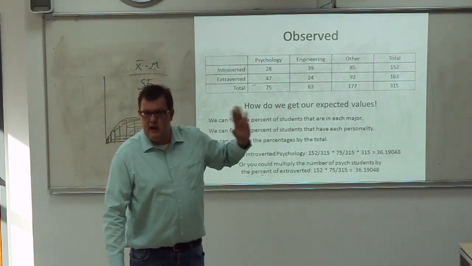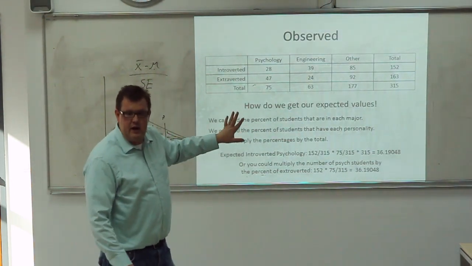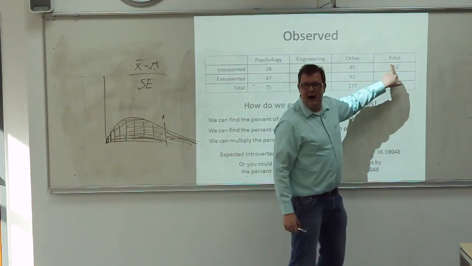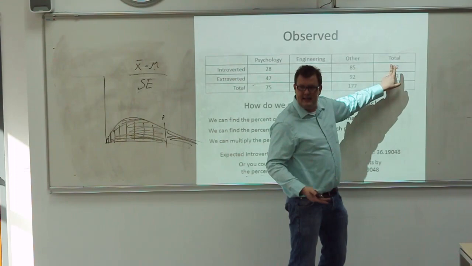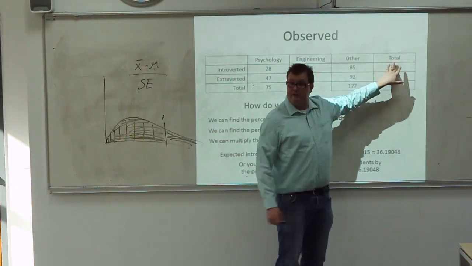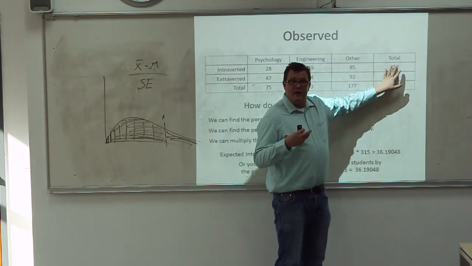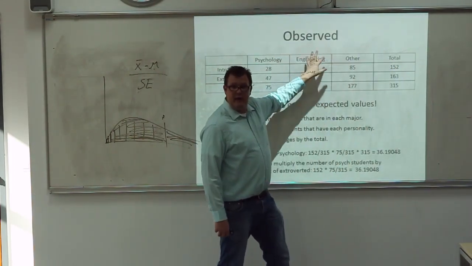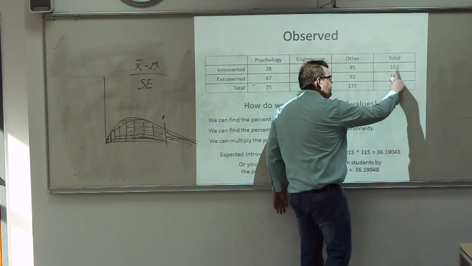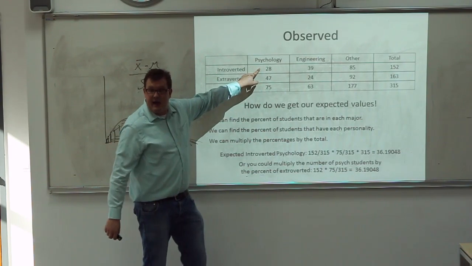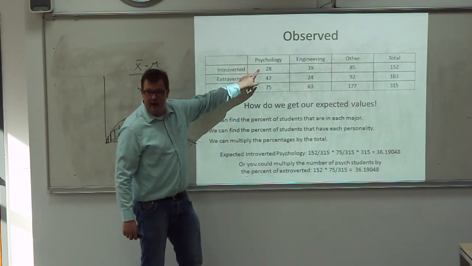If these two variables are independent, let's say 45% of our students were introverted. If personality and major were independent of one another, not only should 45% of the students be introverted, but 45% of the psychology majors, right?